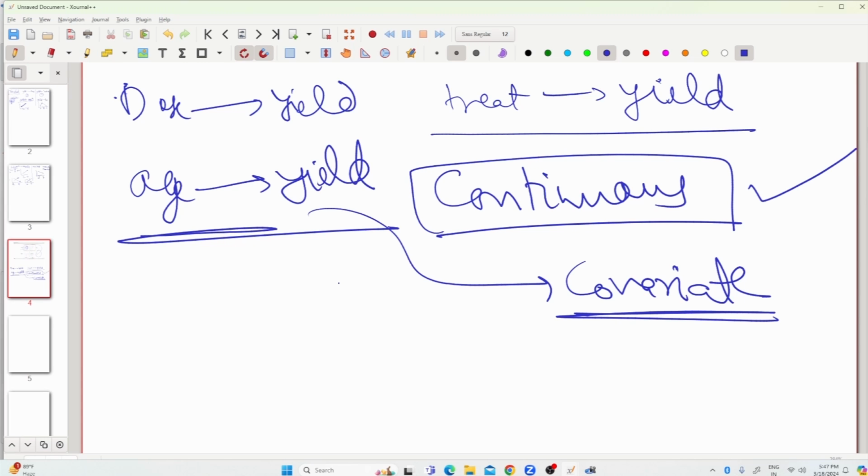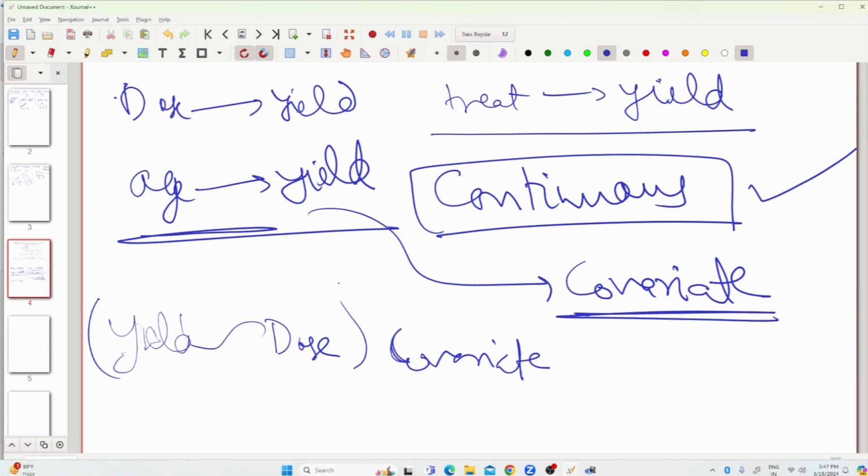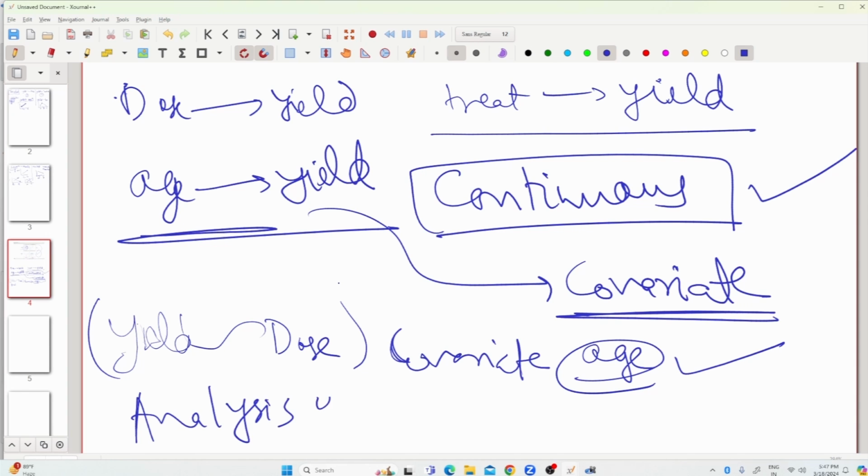So, if we have to understand yield and dose, we will say this and this covariate, age. Okay. So, this is called analysis of covariance, ANCOVA.